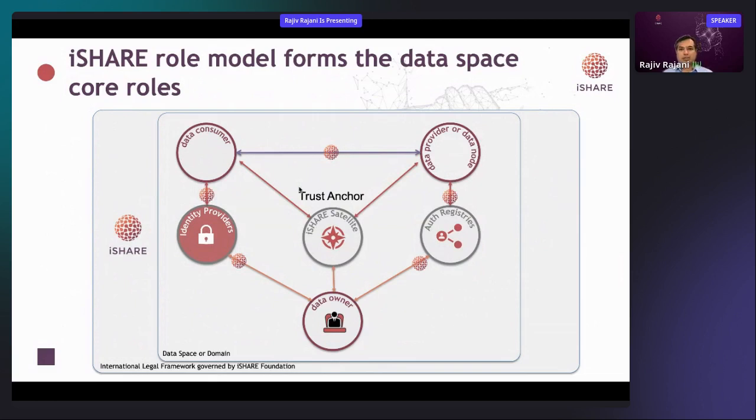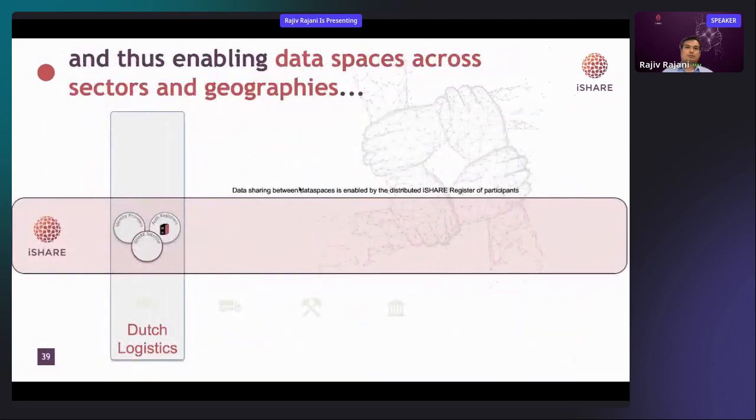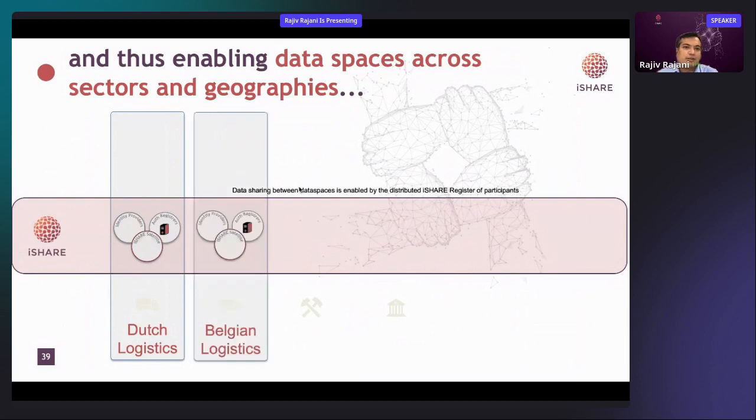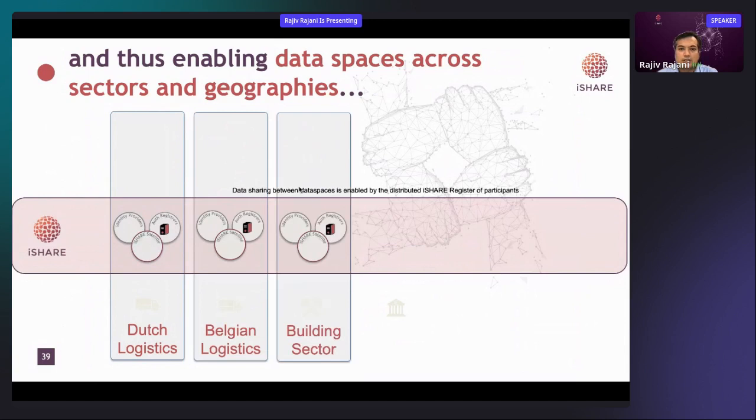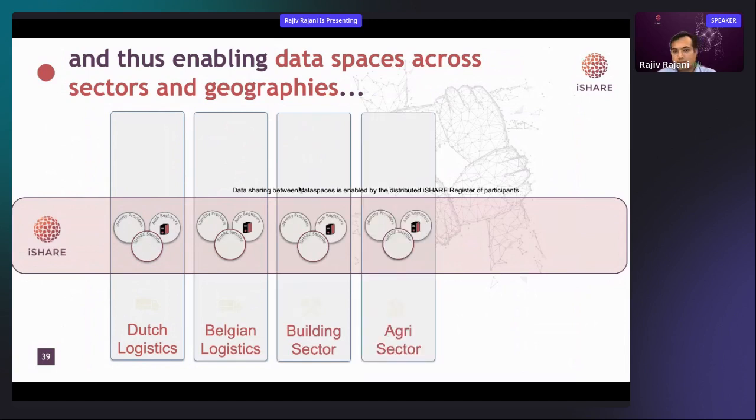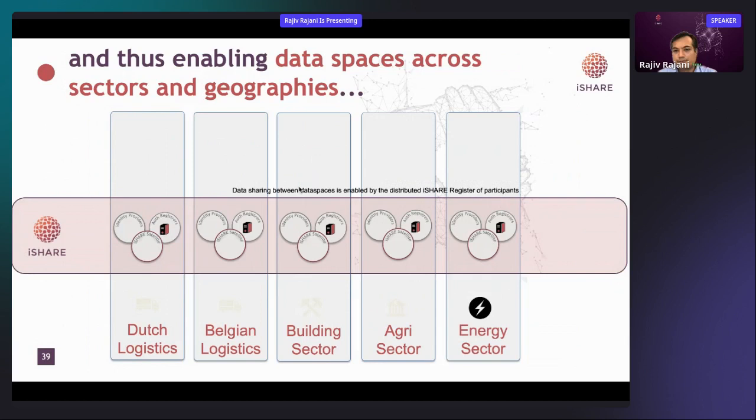The satellite plays the trust anchor role, and the identity provider and the authorization registry play the essential roles which allow the data exchanging party to exchange data, which of course enables different data spaces. For example, Dutch logistics, Belgian logistics, building sector, agri sector. These are just a few of the data space examples, all using the iShare framework as a basis.